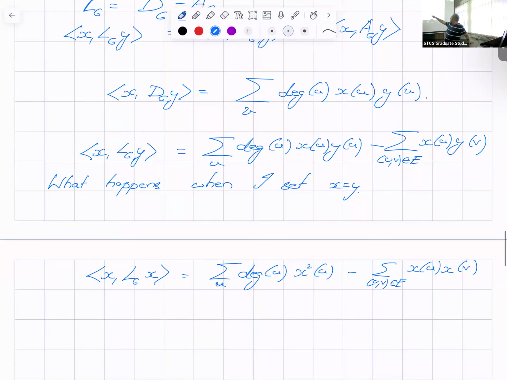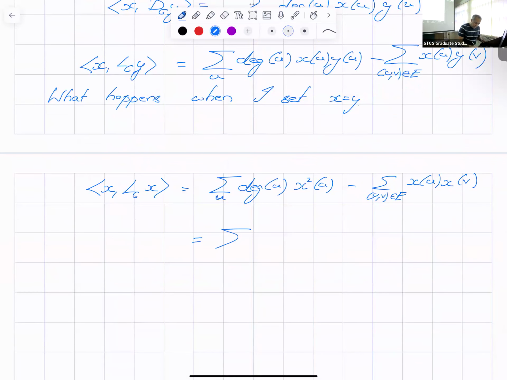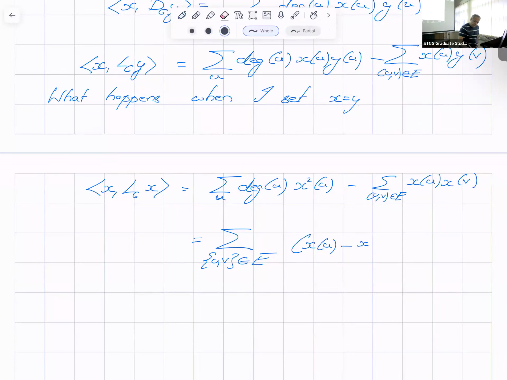Let's stare at this quantity. I'm going to write this in a slightly different fashion. I want to write this as a sum over all edges uv in E. When I use this notation, I mean an unordered pair, that is, going over all edges, of (x_u minus x_v) whole squared. I want to claim these two are the same quantity.